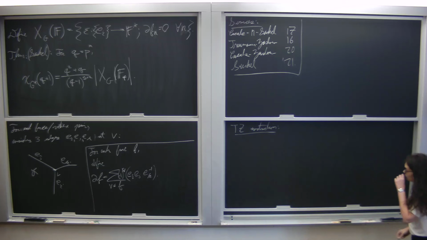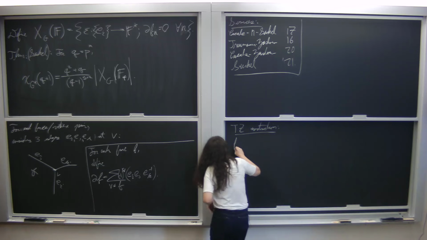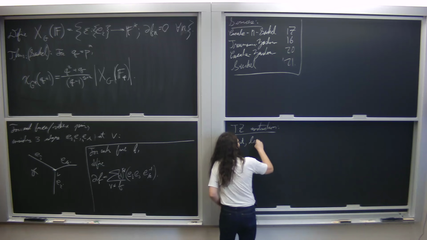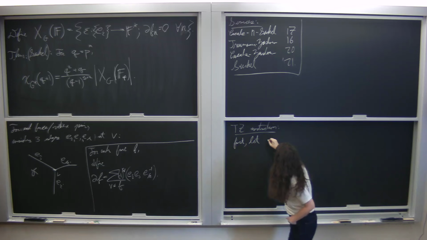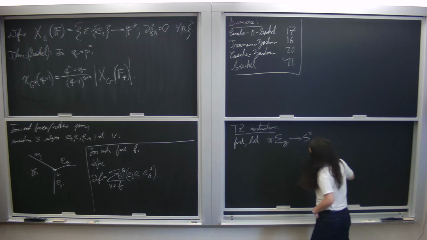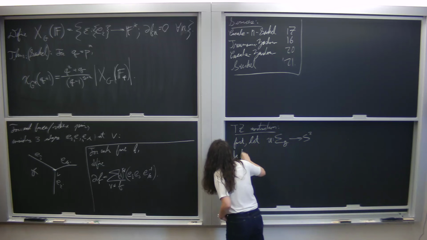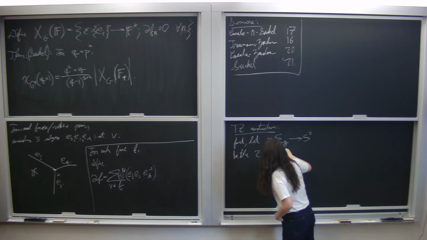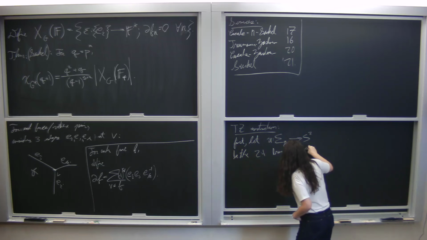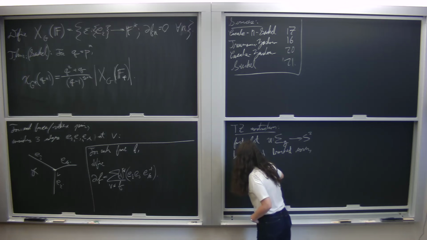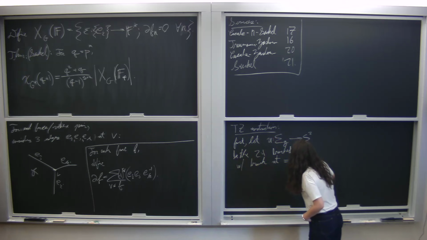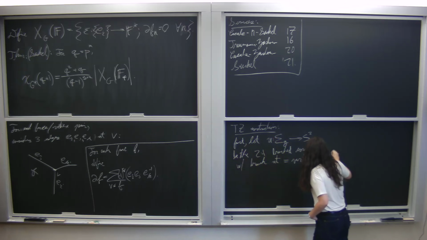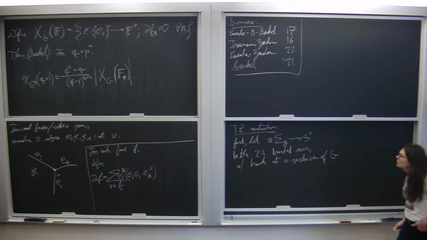Okay, so the first thing that you do is, let's call it map U, going from sigma G to S2, be the 2-to-1 branch cover with the branch set equal to the vertices of G, okay?